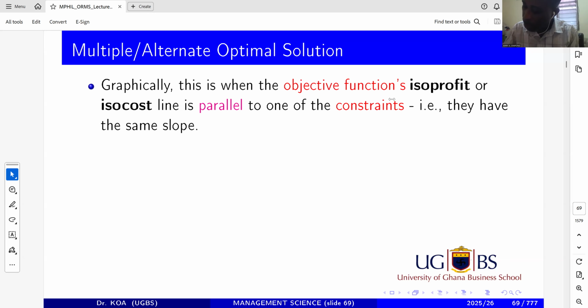But then in multiple optimal solution, the solution point is not just one point, but multiple points. And you're going to see an example here. For you to know that the solutions are multiple, you would have to identify the ISO profit line or the ISO cost line. ISO profit if it is a maximization, or ISO cost if it is a minimization.